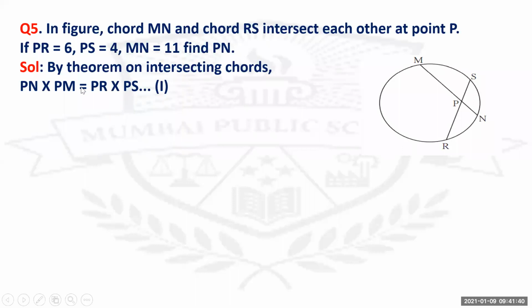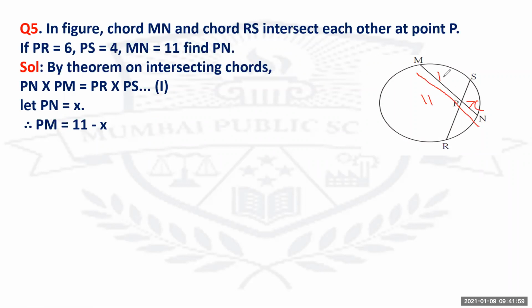I will substitute the values. Now you assume PN as x, which is the value you have to find. So PM would be 11 minus x. Understand, we are assuming this PN as x. This complete value is given to us as 11.